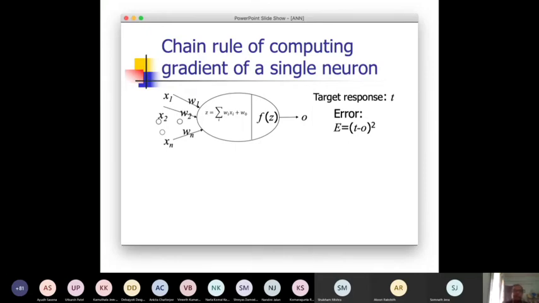You give a small perturbation on the sample values, the feature values, and you observe what is the change in your output. If it is a partial derivative, suppose you want to compute the gradient with respect to W2, give a small perturbation on W2 and find out what is the change in the output, and that change divided by the change of W2 should give you an estimate of the gradient.